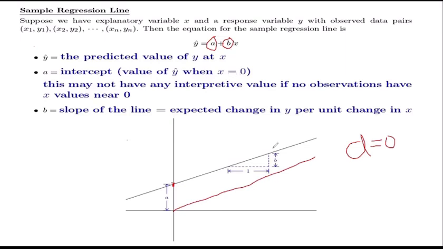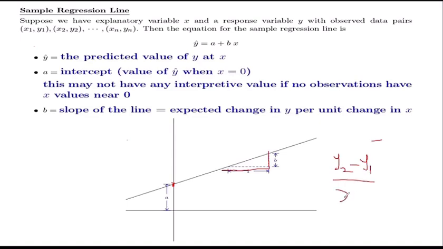Now, if you want to find the slope, you're going to use the approach that you used in high school, which is the expected change in y per unit change in x. So from the straight line, you're going to draw something like this. That way, you're going to do y2 minus y1, divided by x2 minus x1.